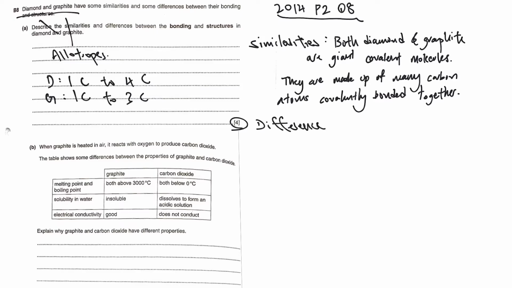Alright, so again, you are required to provide 2 differences, one in terms of the structure and one in terms of the bonding, right?